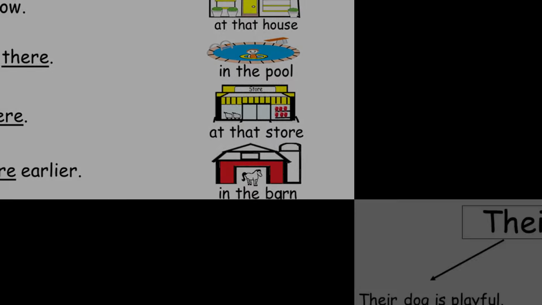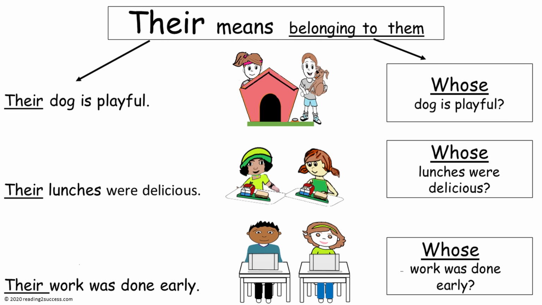Our next there is spelled T-H-E-I-R and means belonging to them. It tells who something belongs to. So our first sentence, their dog is playful, will answer the question, whose dog is playful?